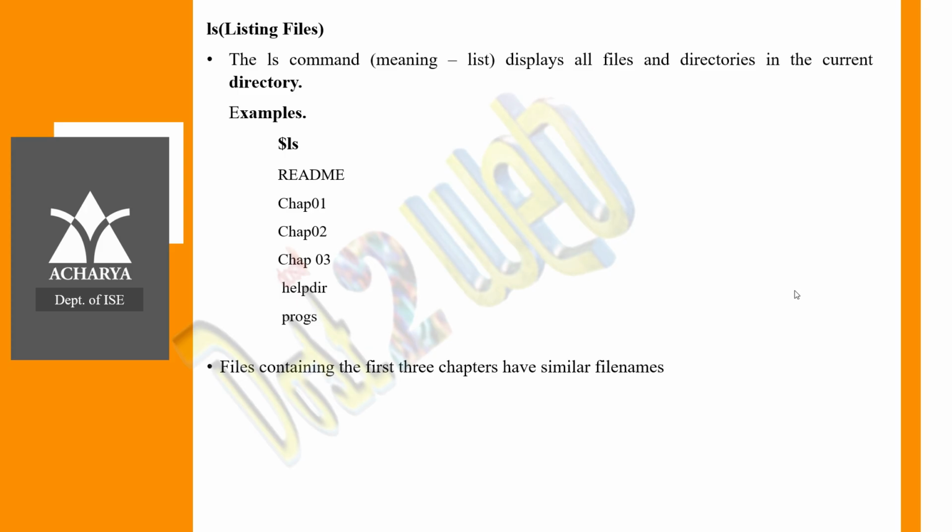USP1, 2, 3, 4, 5, 6, 7, 8, 9, 10 till 100, right? Now, I want to search for files which start with USP, the first 3 characters.